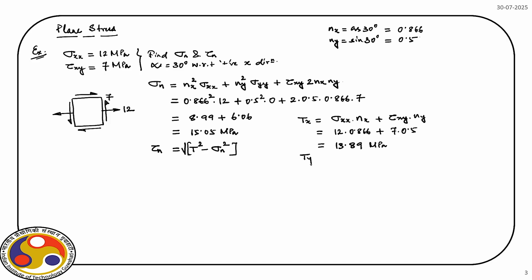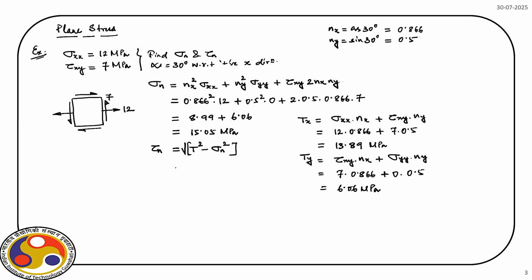Then T y, we have tau xy times n x plus sigma yy times n y. So, we have 7 times 0.866 plus 0 times 0.5. So, 7 into 0.866, that is 6.06 MPa.